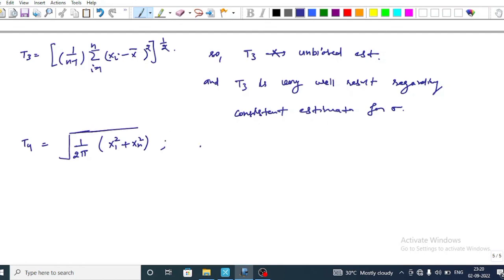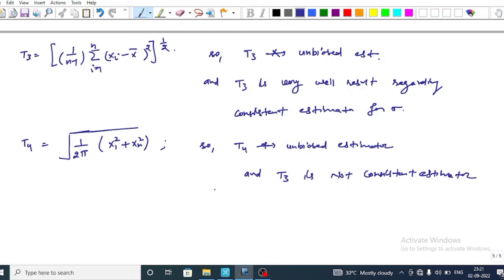This is again in square root, so T4 is not an unbiased estimator, and T4 is not a consistent estimator because expectation of T4 never tends to sigma as n tends to infinity.